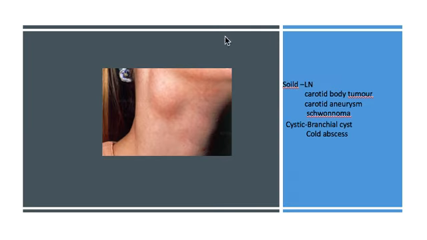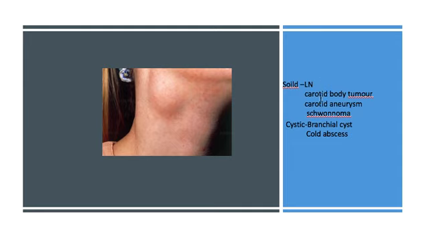But if it's single, so this lady, it was a single lymph node. So coming back, it's the anterior triangle, not a thyroid, and it is single. And so these are the possibilities.